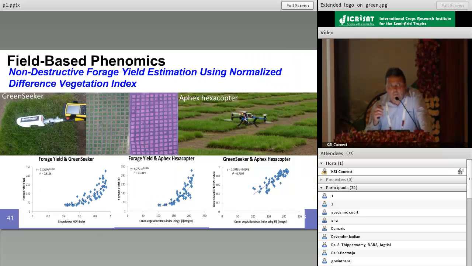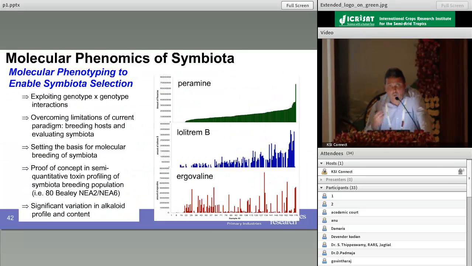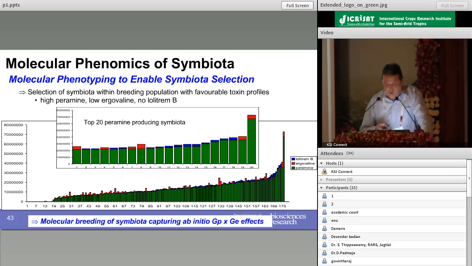So there are opportunities for improving the accuracy of phenotyping in a non-destructive manner, as well as complementing yield over time and herbage quality over time with a molecular phenotyping of key bioactivities. So here we look at how we can enrich Symbiota for the optimal combination of the alkaloids that we're deploying.